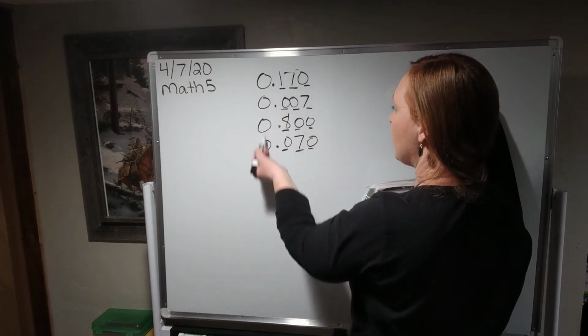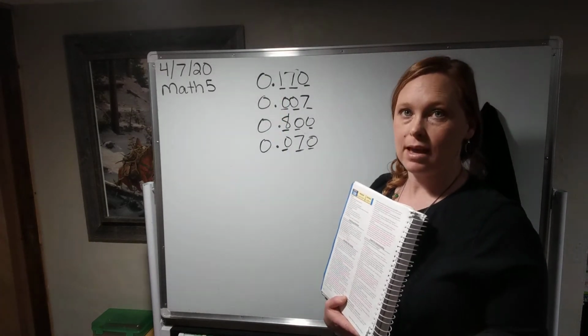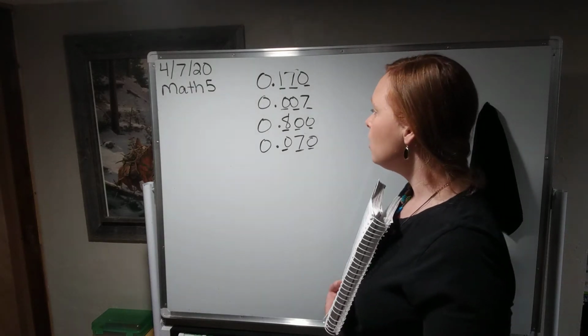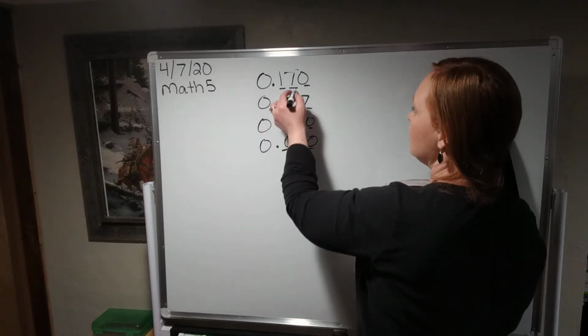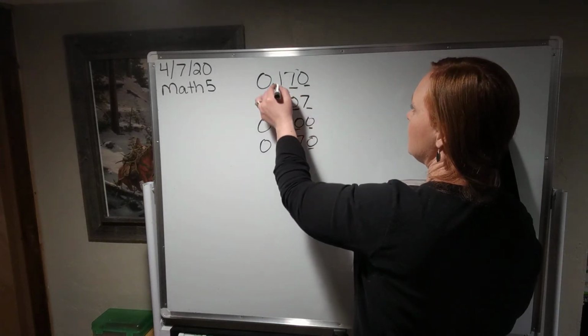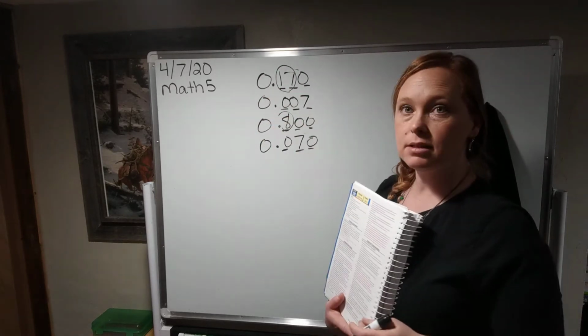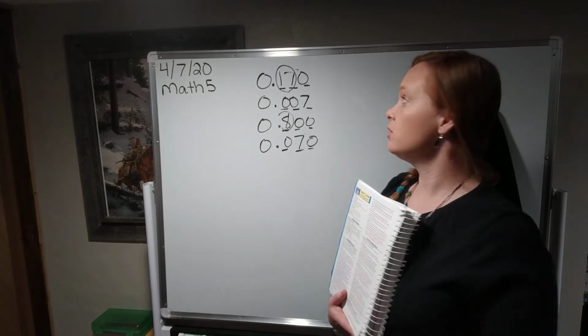Because when I look at my ones place, I see, oh, they're all the same. So now I have to look at the decimal place value. Okay, well, what might happen is I look at this 17 and I say, well, wow, that's bigger than 8, isn't it? Well, this is why it's really important to annex those zeros.